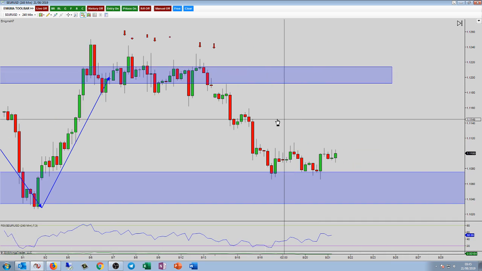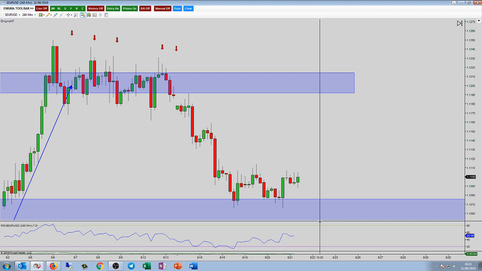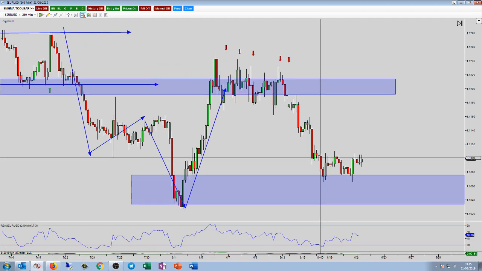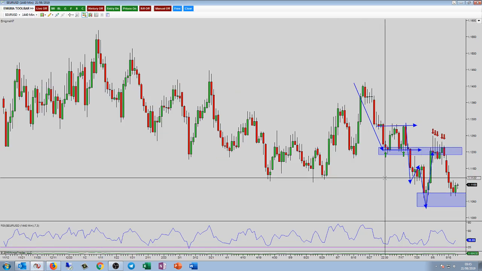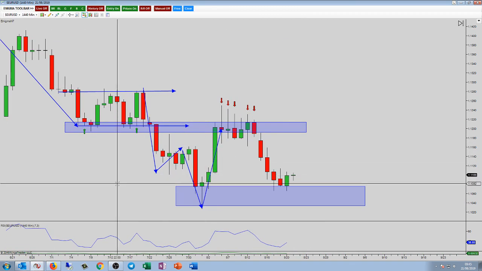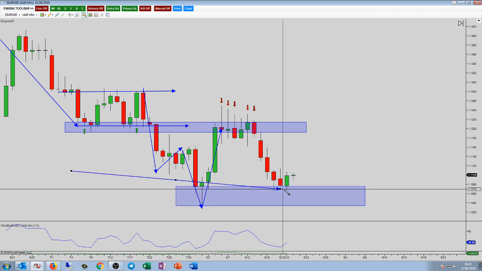Let's go to the 240. Here on the 240, okay, you have a double bottom here. So let me just go back to the dailies. So you can see then that we've come into the wicks, or we've highlighted the wicks down here and we've come into them.